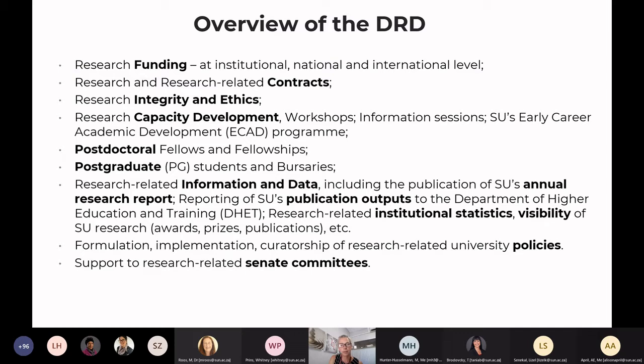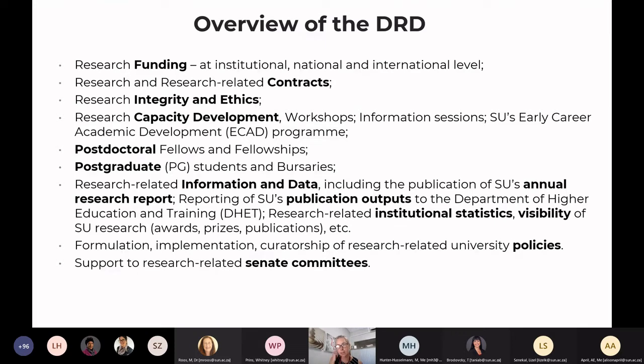We deal with national funding in that we are the liaison office for the National Research Foundation and a bunch of other national funders. And also we deal with international research grants, typically the EU grants, European Union grants, and others, where we provide support right from the pre-award stage all the way through to the post-award stage.